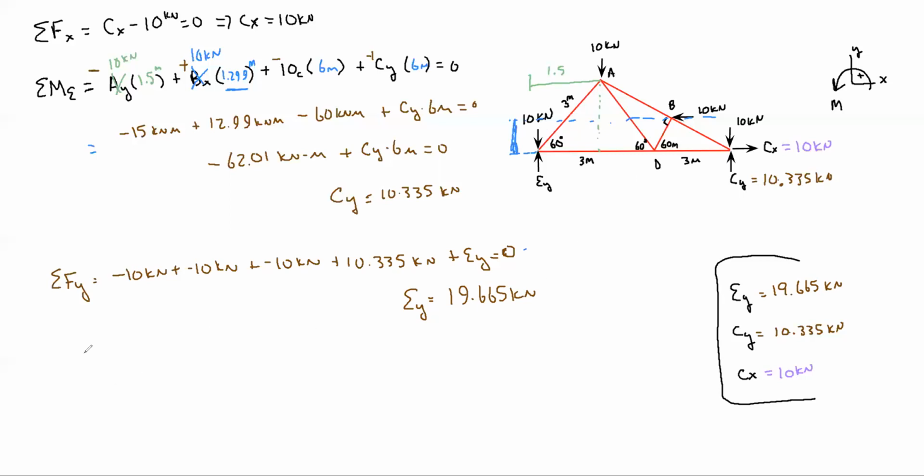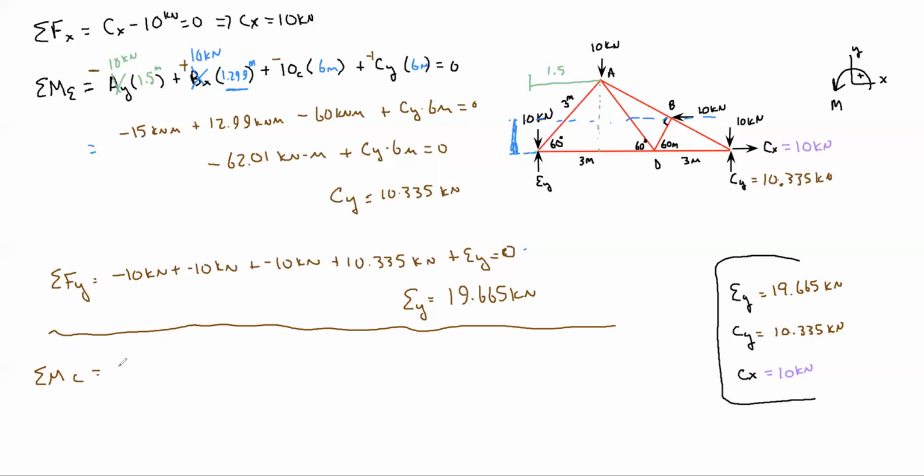Hey, there were a couple folks, I just want to acknowledge this. I've got the answer up here. There were a couple folks who, instead of taking the summation about point E, took the summation of the moments about point C. Doing that, the calculation gives us EY first. I'm going to work that out real quick just so the folks can see it. Same numbers.